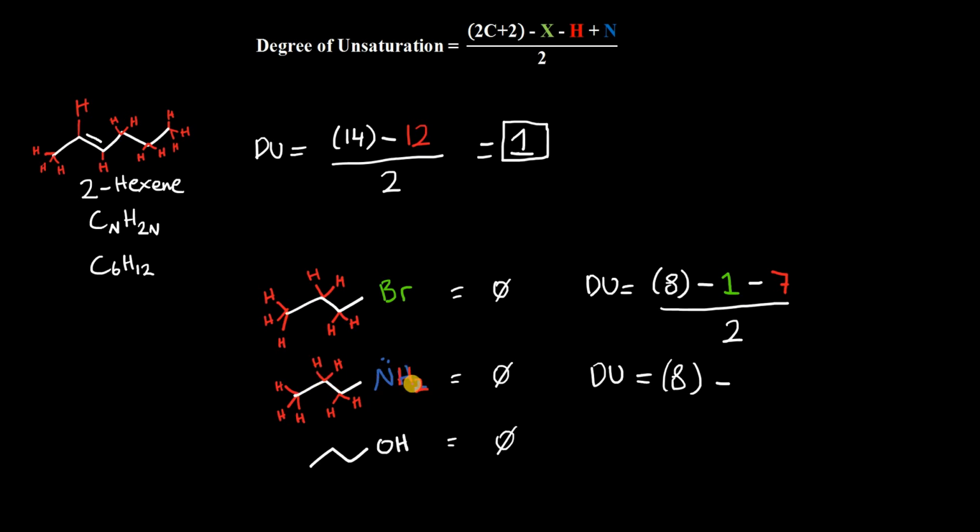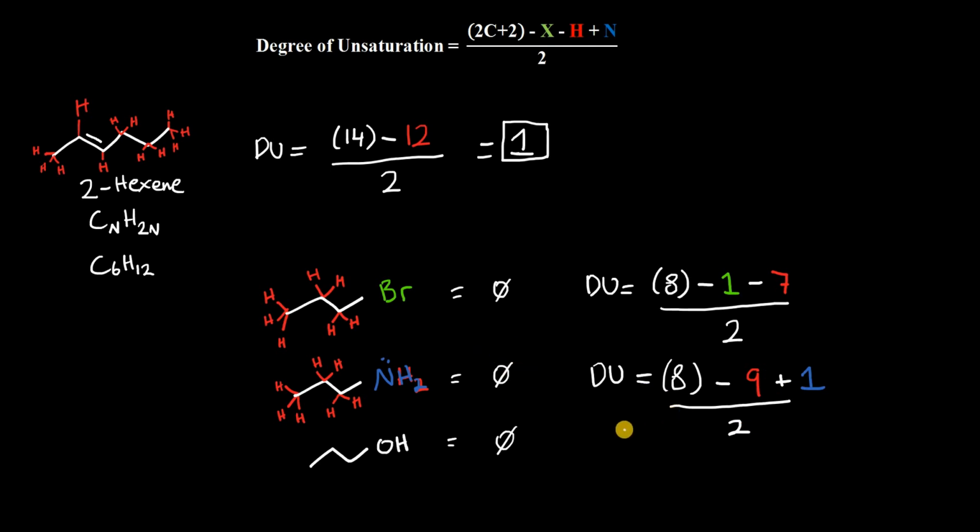So 7 plus 2 gives us 9. Now the issue is we're in negative territory. 8 minus 9 is negative 1. In order to get 0 in the numerator, we must add 1. So 8 minus 9 is negative 1, you add 1 to that, divide by 2, and you get 0.